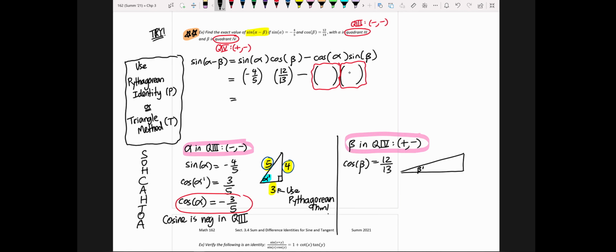So adjacent to beta prime is 12, hypotenuse is 13. Stephanie, what is the missing side and how did you find that? Using the Pythagorean theorem, the missing side is equal to 5. That's right. So using the Pythagorean theorem, our missing side is 5.